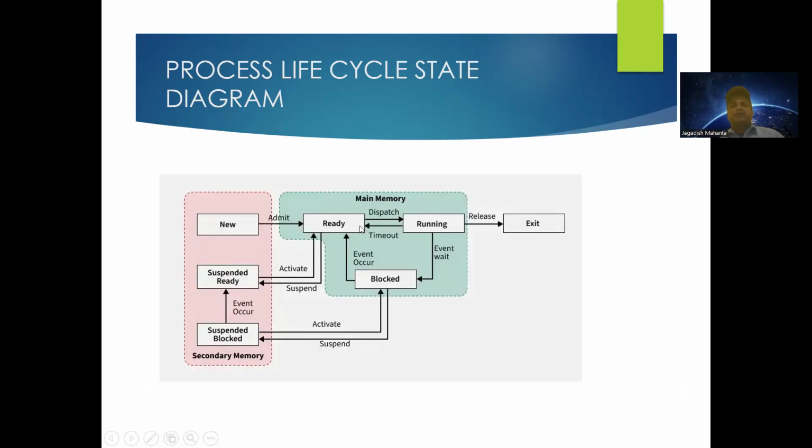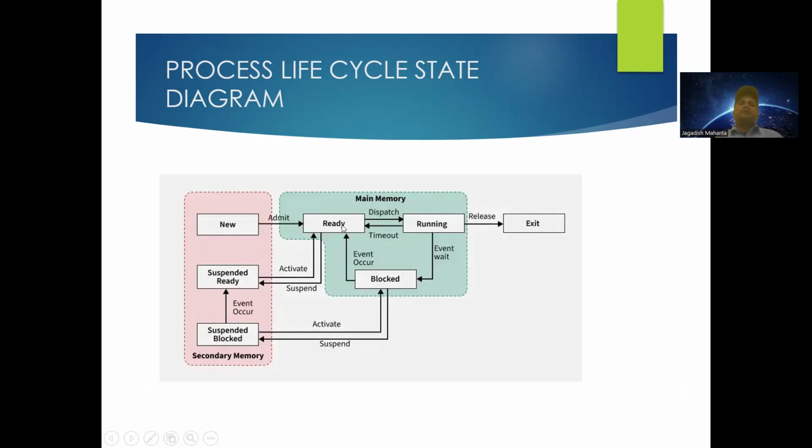If a preemptive algorithm is used, each process gets an equal amount of time to be executed by the CPU. During that time, if a process is not executed completely, the CPU sends it back to the ready state. That is known as context switching.